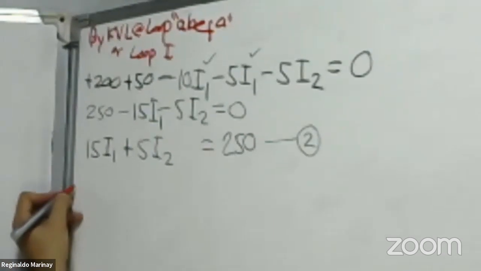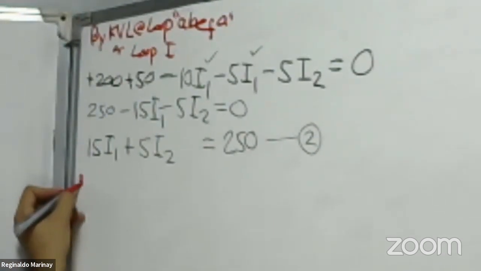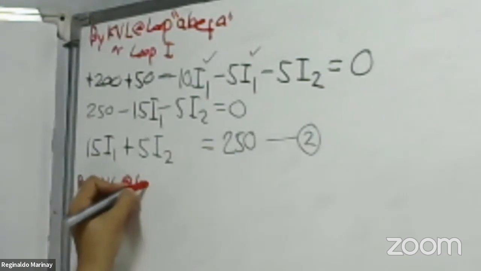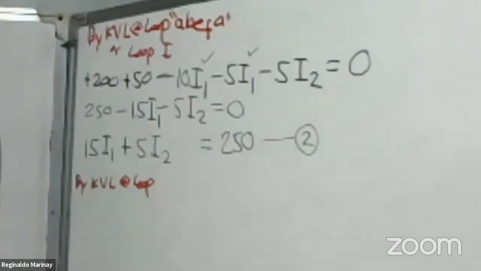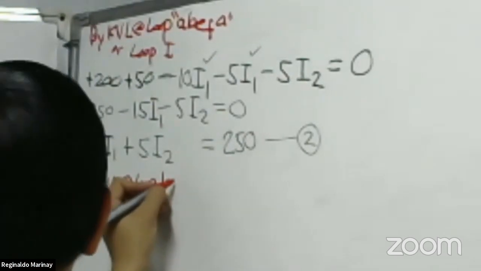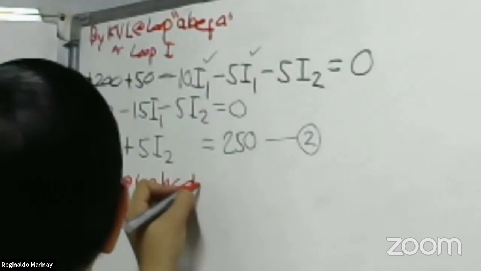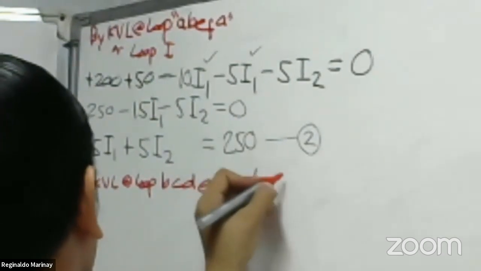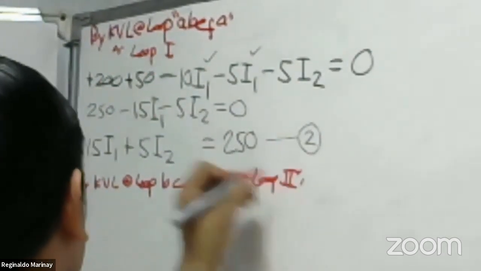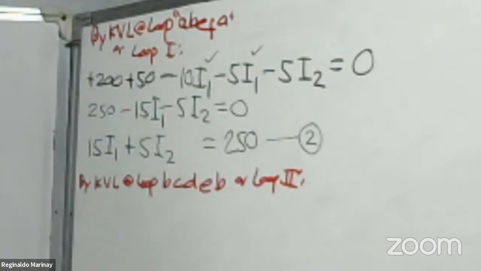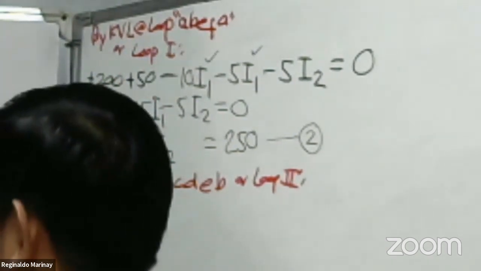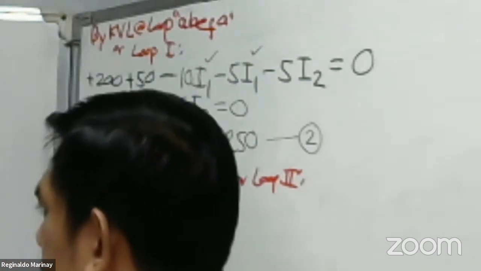Let's have now, by Kirchhoff's voltage law at BCDEB, or loop 2. That is our loop 2. Let's have first the source of EMF.